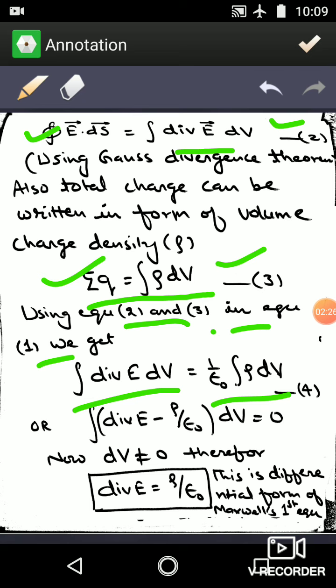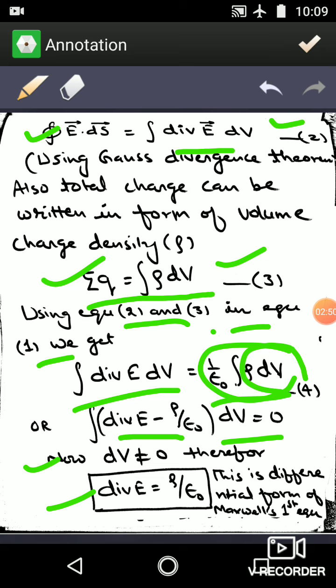If we transfer all this quantity to the left hand side, what do we get? Integration of divergence E minus rho upon epsilon naught dV is equivalent to 0. Now dV cannot be 0, therefore divergence of E should be equivalent to rho upon epsilon naught.